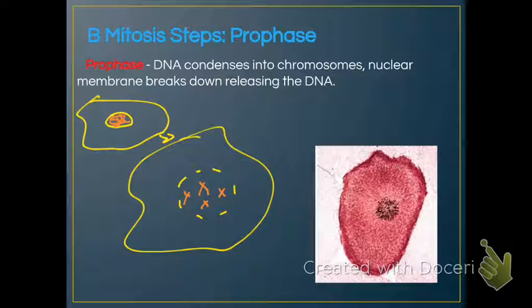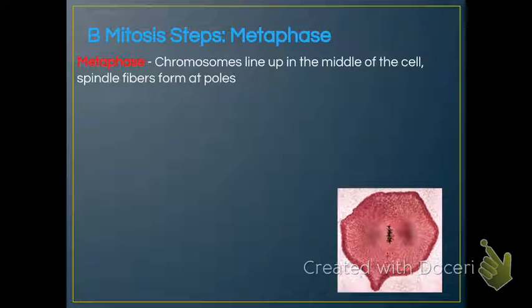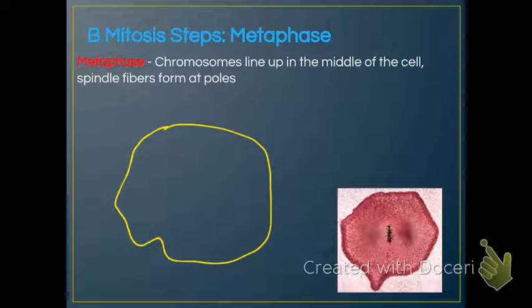All right. The next step is called metaphase. So what happens is the chromosomes line up in the middle of the cell, and then the spindle fibers form at the poles. Remember, the nuclear membrane is gone. They start lining up.